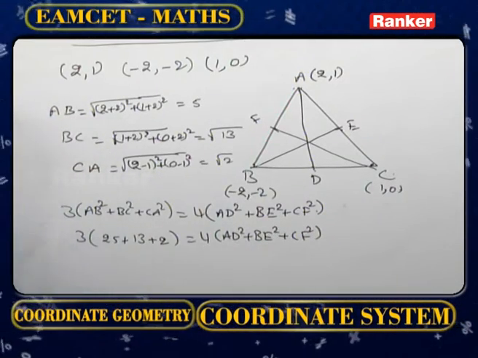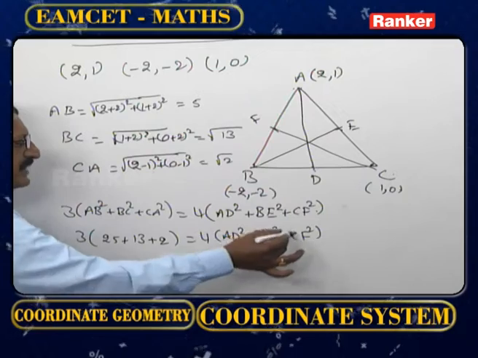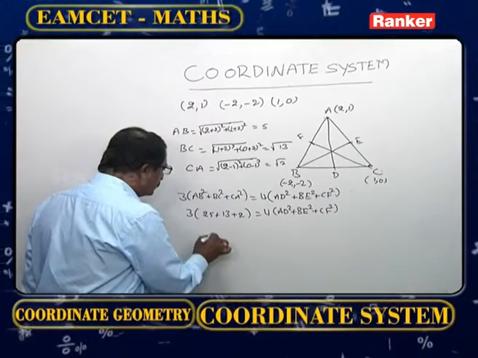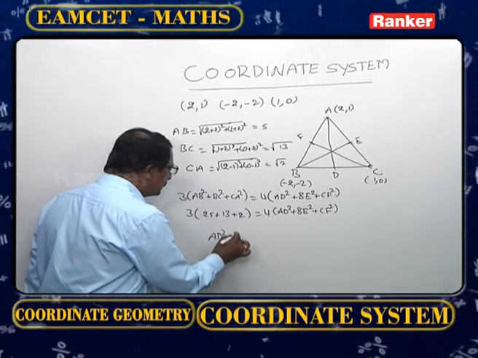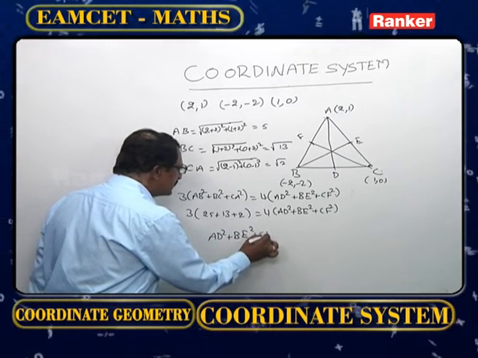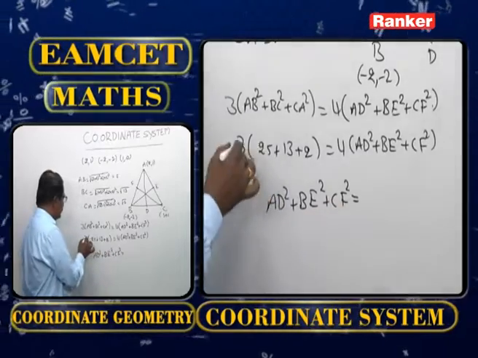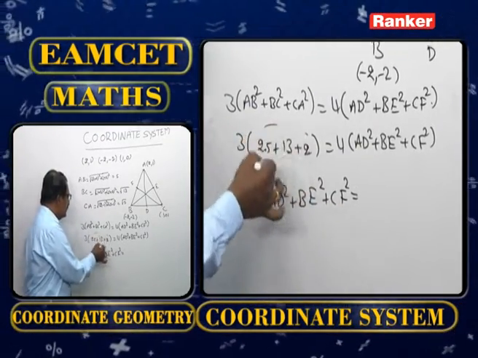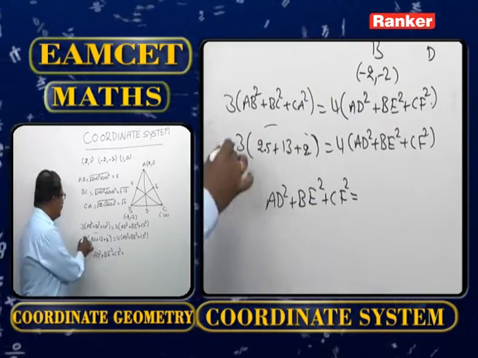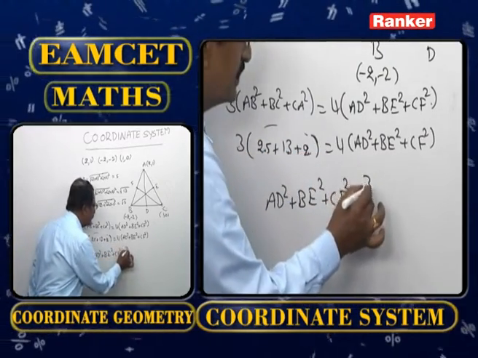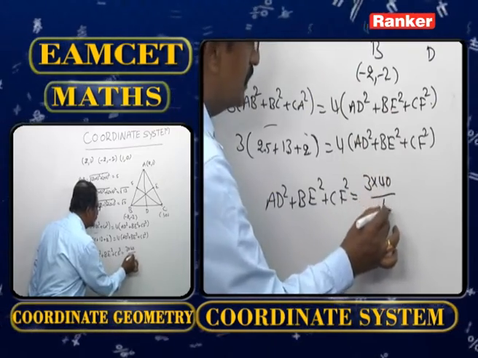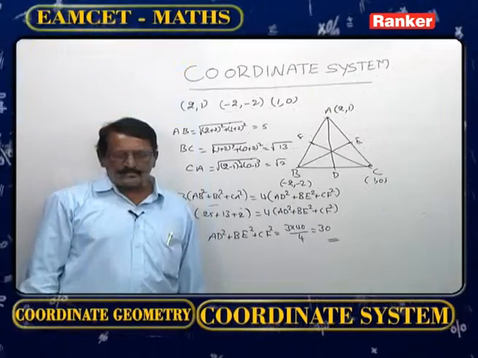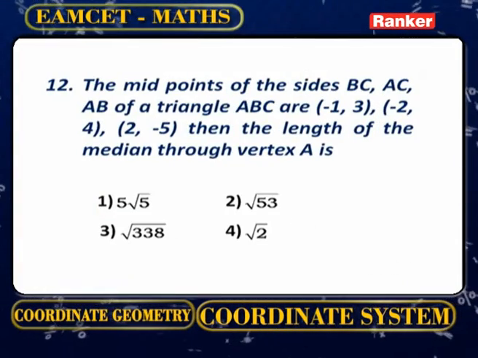Required sum of squares of the medians: AD square plus BE square plus CF square equals 3 into 25 plus 13 plus 2, which equals 40, so 3 into 40 by 4, we get 30. Option is third option. Next problem.